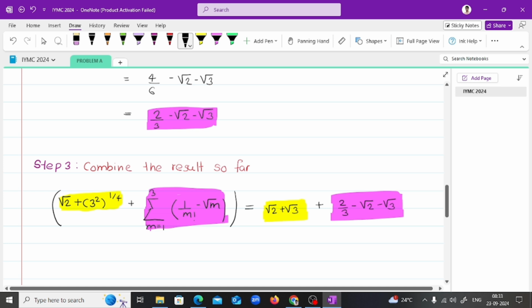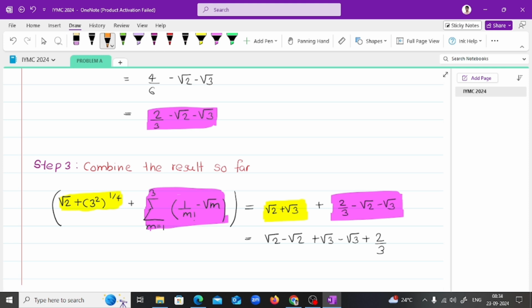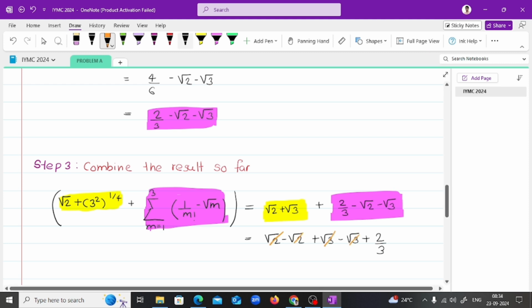So I will write like this: square root of 2 minus square root of 2 plus square root of 3 minus square root of 3 plus 2 by 3. This square root of 2 and square root of 2 will get cancelled, this square root of 3 and square root of 3 will get cancelled, and only 2 by 3 will remain.